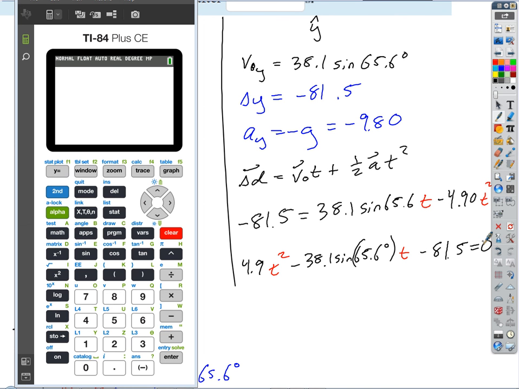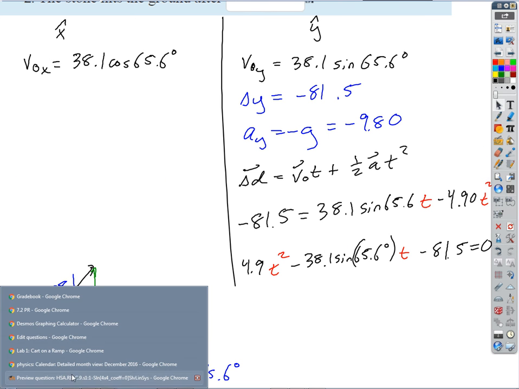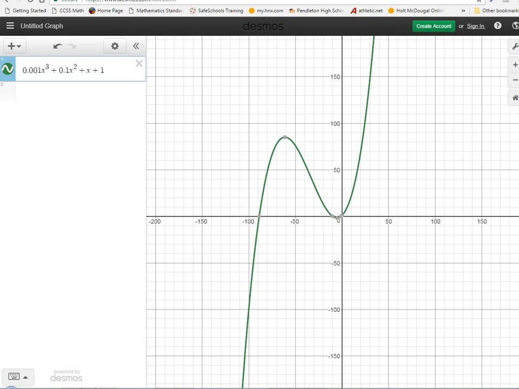So let's just graph that and see what the solutions are. Okay, I'm going to graph it. I'm going to be kind of tricky here. I'm going to show you a new tool if you haven't used this. The calculator works great. Here's another one. Have you used Desmos? Desmos is awesome.